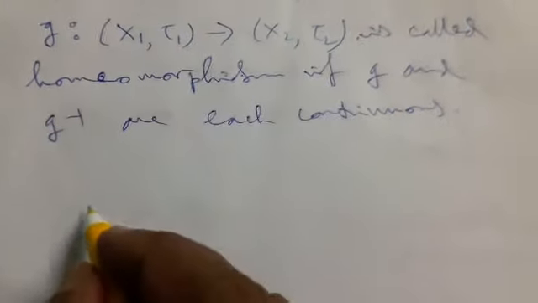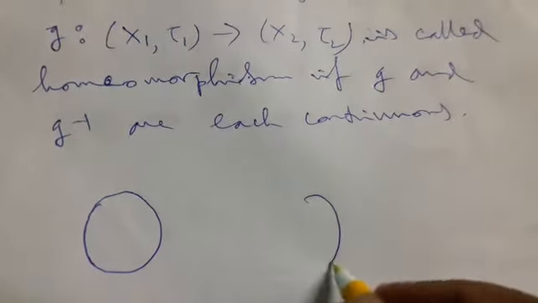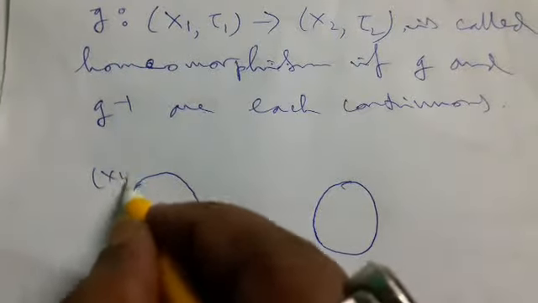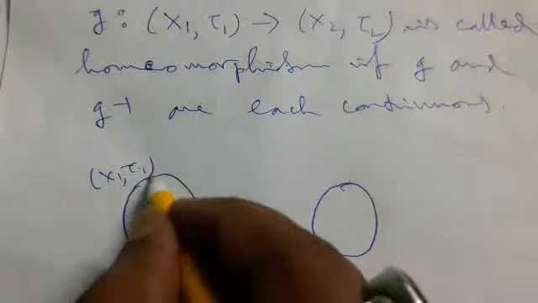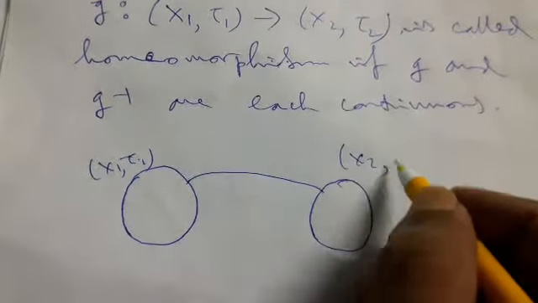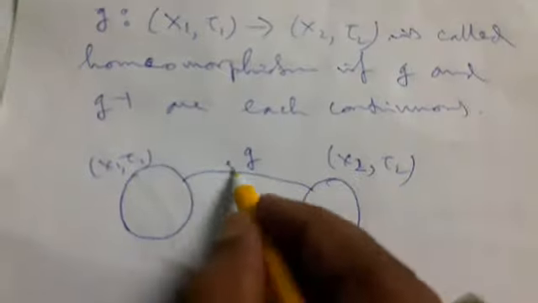Here, in these two topological spaces, we have X1 with tau 1 and X2 with tau 2, and a function g from X1 to X2.